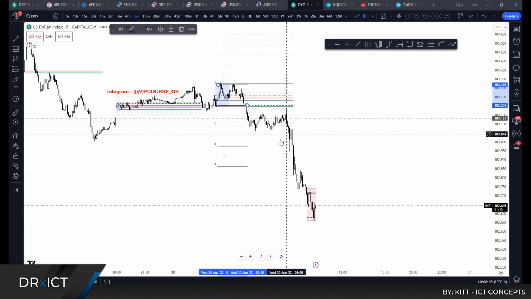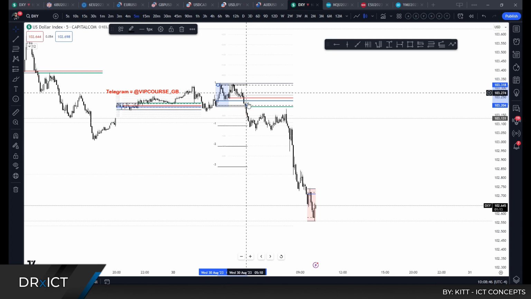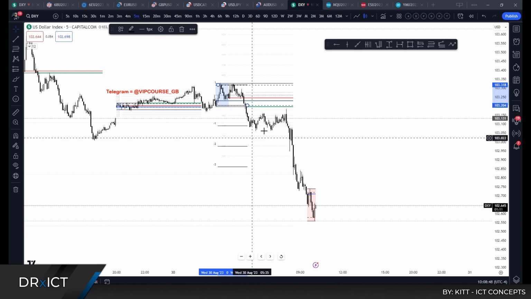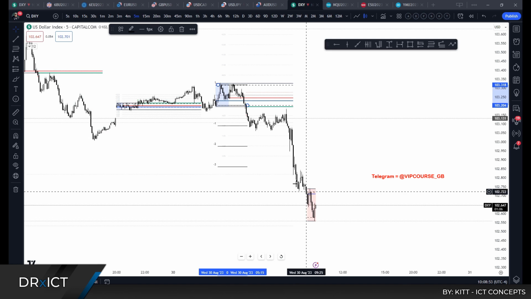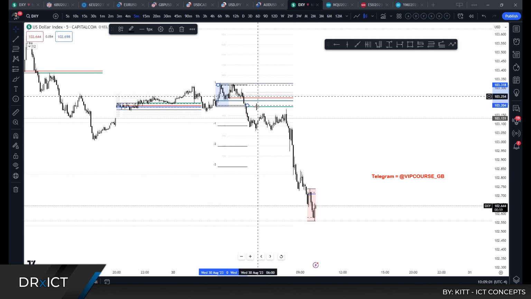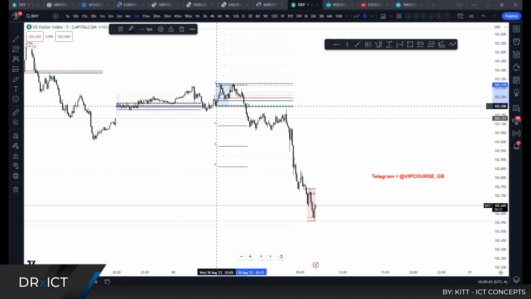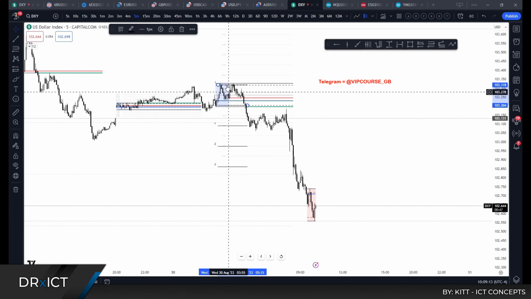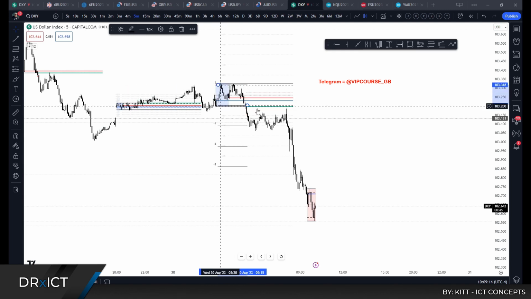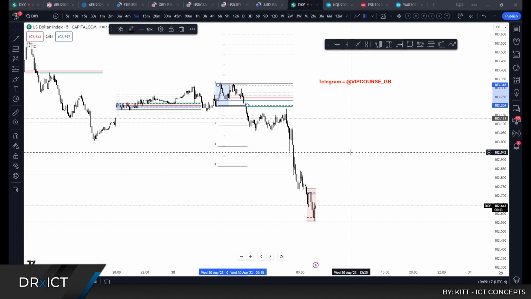External ranges, I like to key off of the IDR. So when we're talking about things outside of the range, I like to key them off of the IDR, which is just the open and the close, the high and the low within this algorithmic, or better said, time-based cycle that occurs every day, three times a day.